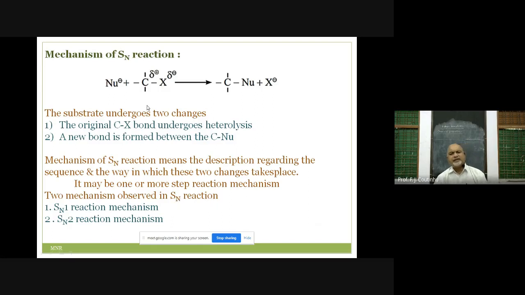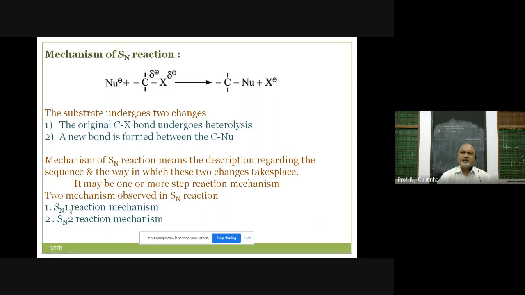So there are two mechanisms, one is SN1. S stands for substitution, N stands for nucleophilic, 1 stands for unimolecular. Only one molecule is responsible for the rate of the reaction, and that's why it is known as the SN1 reaction mechanism. SN2 means substitution, nucleophilic, bimolecular.